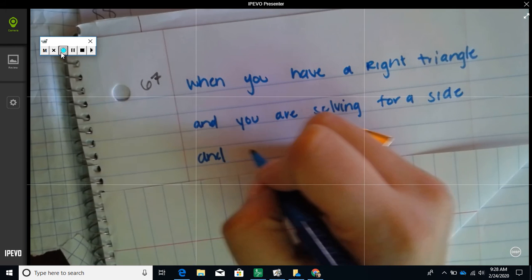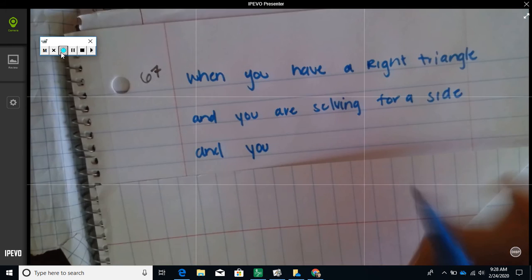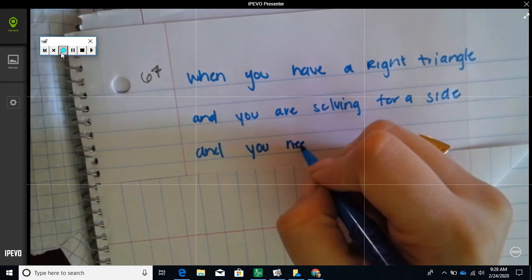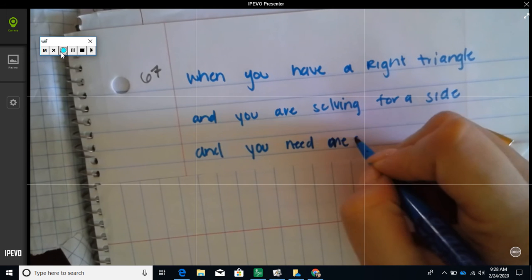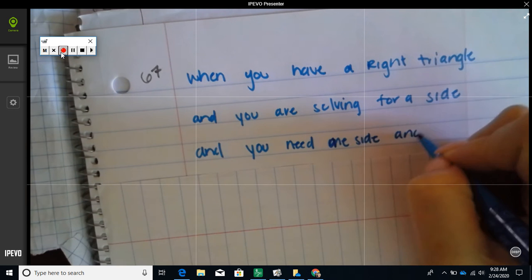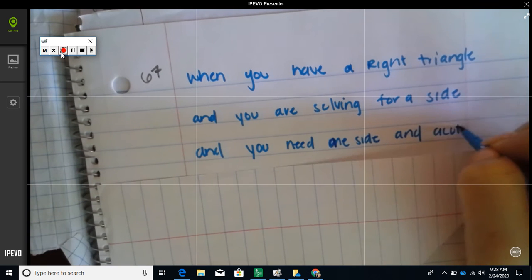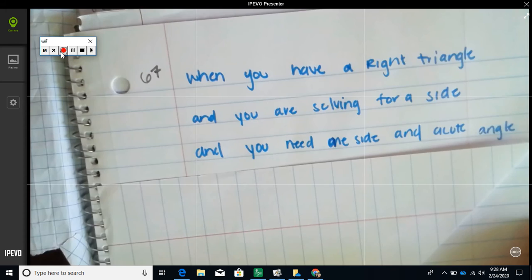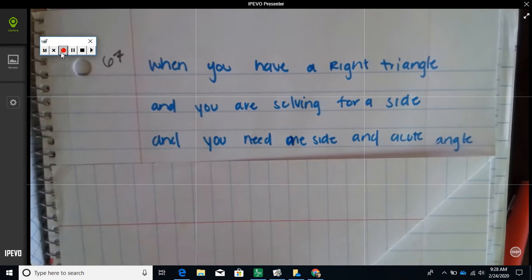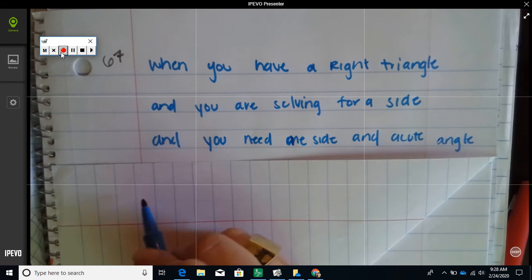Now for this one, to use trig, you need one side only and an acute angle. That means an angle less than 90. 90 does not count because that's a right angle. And so we're going to use trigonometry.